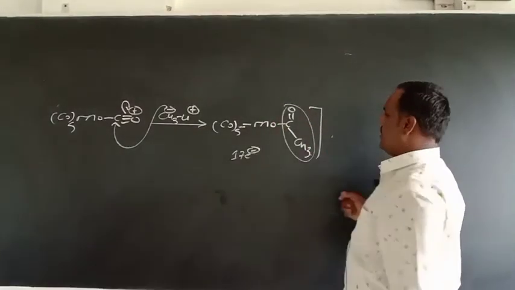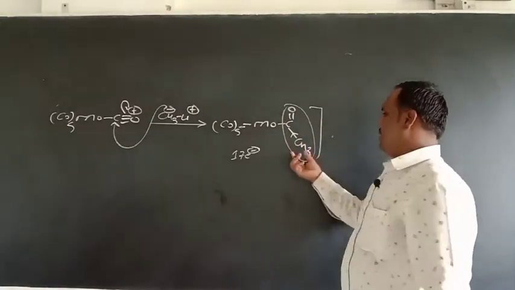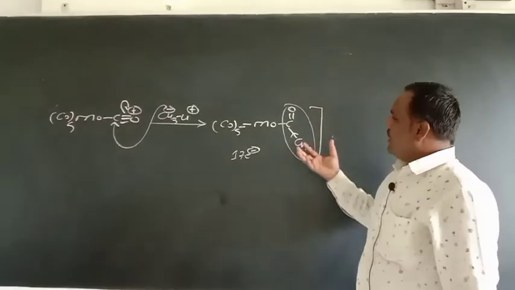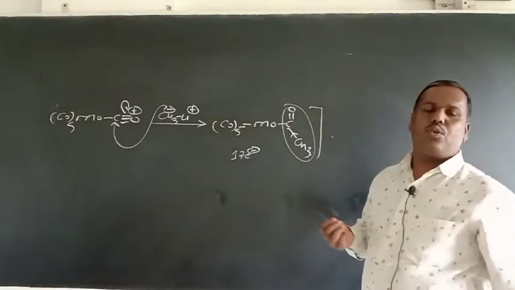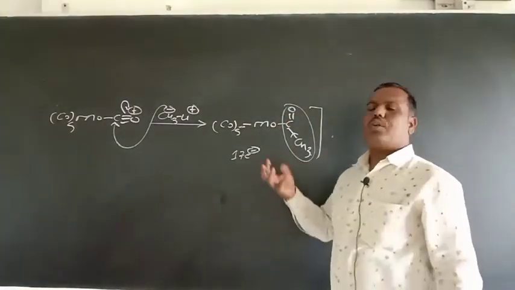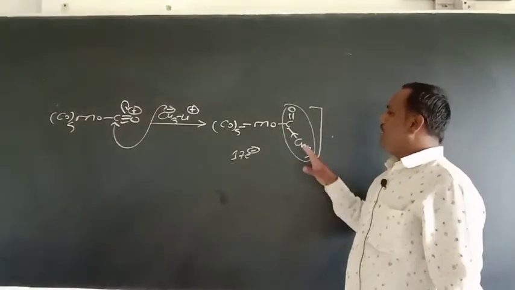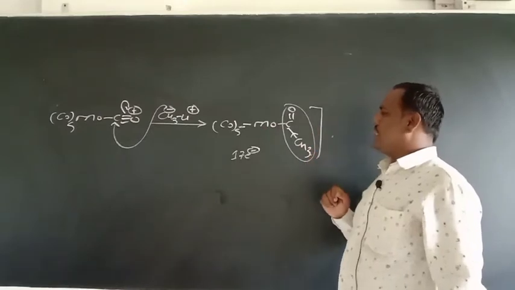the C double bond CH3 group. The CH3 group is an electron donating group, and therefore this ligand, that is CH3 C double bond O acyl group, does not act as an electron withdrawing group, because this methyl group is electron donating, and therefore in this case this metal atom does not show agostic interaction.